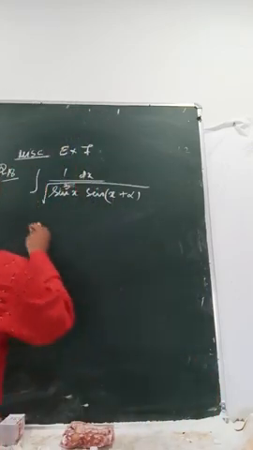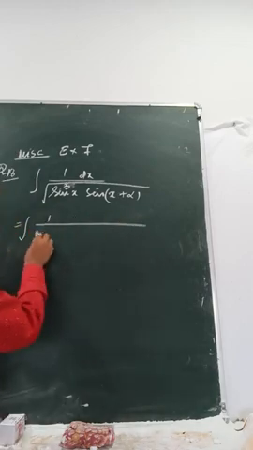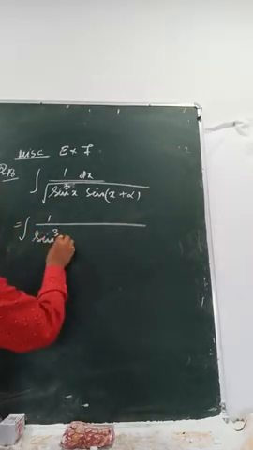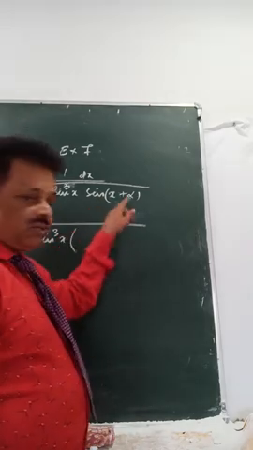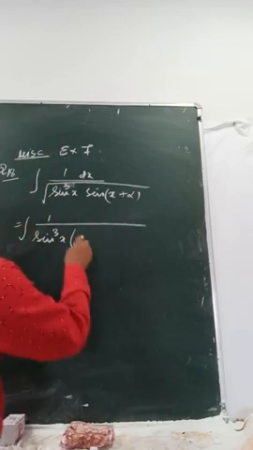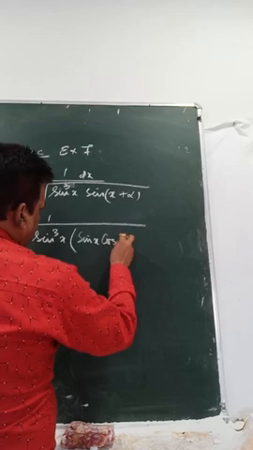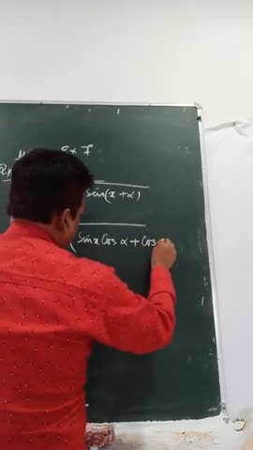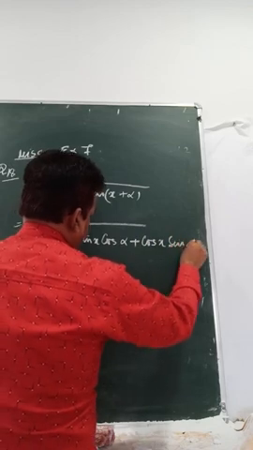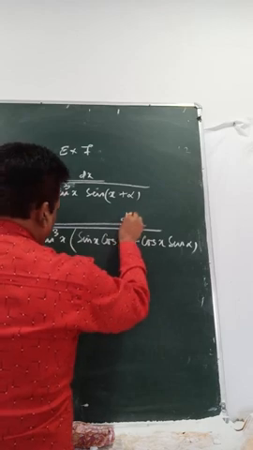So if you expand, you get sin cube x whole into sin a plus b formula, that is sin a cos b, so sin x cos alpha plus cos x sin alpha. This is under square root.